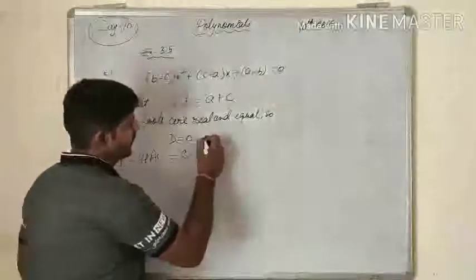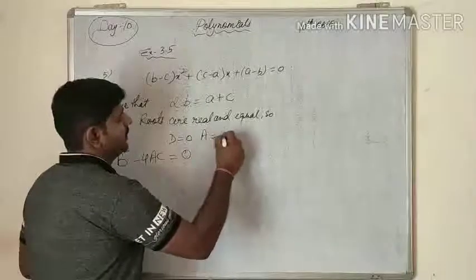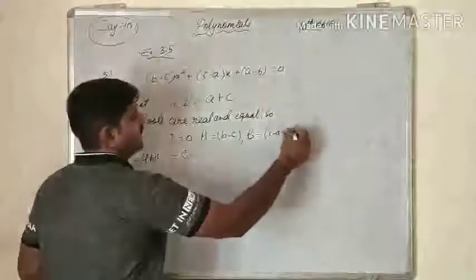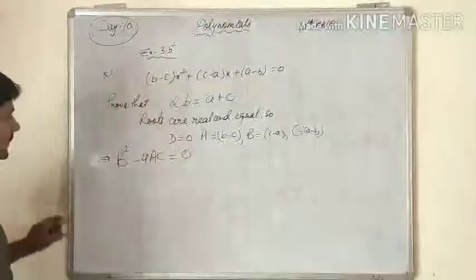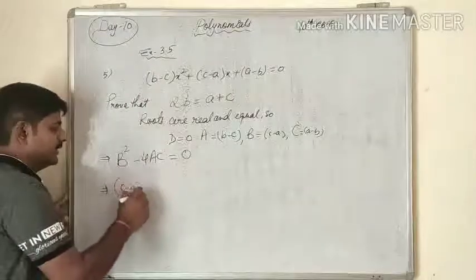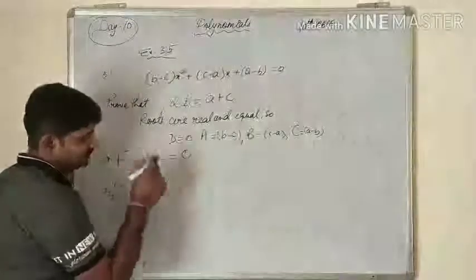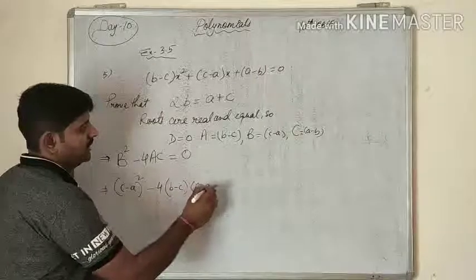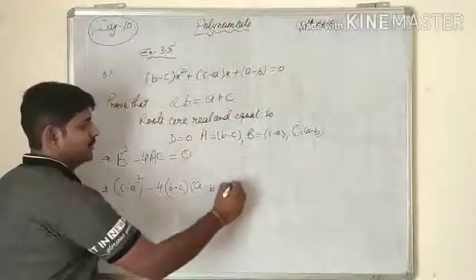If we observe, so capital A is b minus c, capital B is c minus a, and capital C is a minus b. All the terms we have, let's apply in it. So b square, which is c minus a, that we will write in this whole square, minus 4ac, 4 into a is what? A is b minus c, and that c is a minus b, equals to 0. That's all.